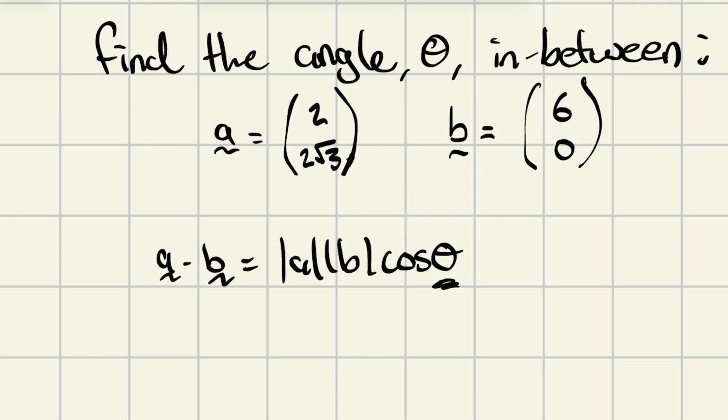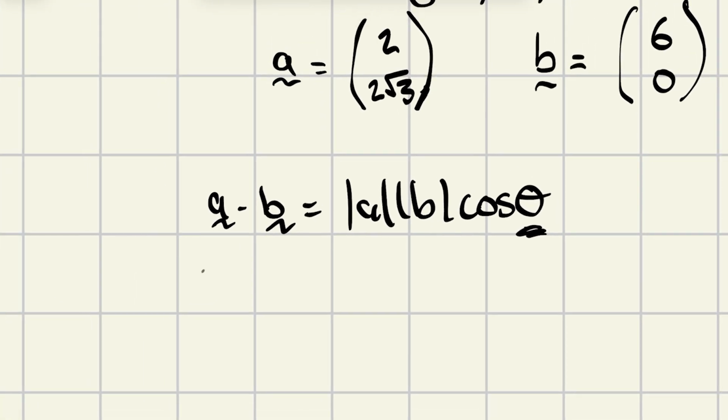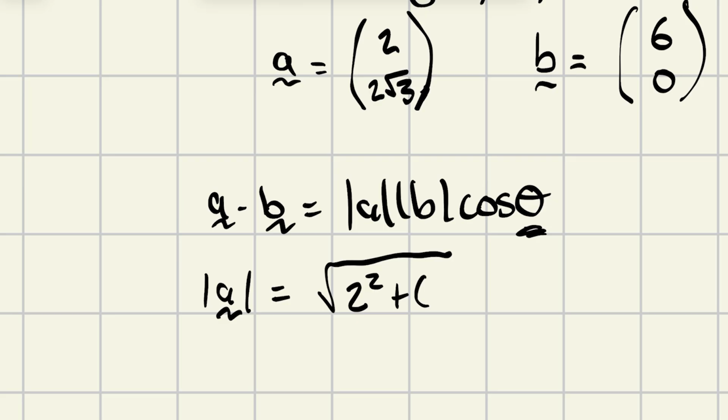So for this type of question, you want to find the magnitude of A, find the magnitude of B using the magnitude formula, and then find the dot product using the second formula that I introduced, which is to multiply the components together. So first off, magnitude of A, that is the square root of the components squared, summed together. So 2 squared plus (2 root 3) squared.